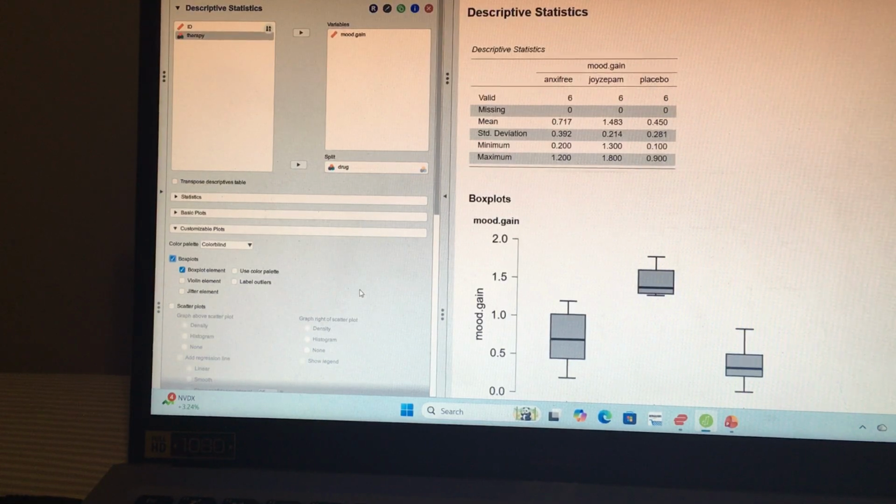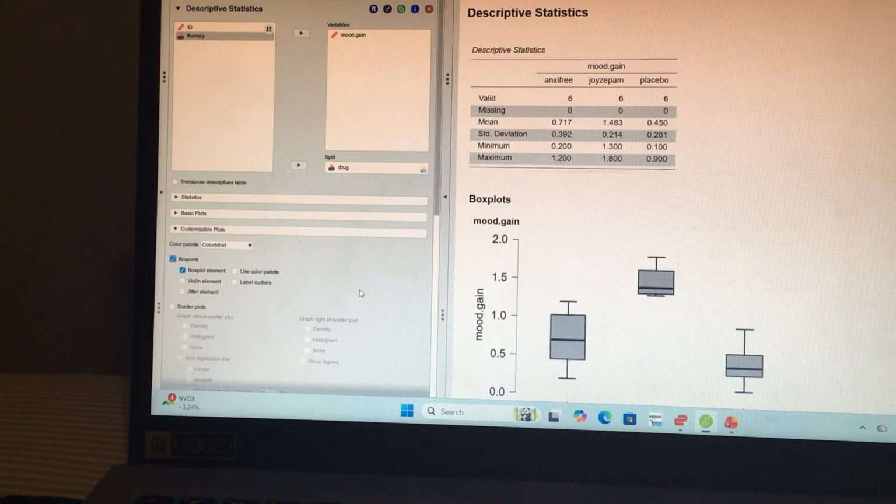So let's take a look. We're on page 2. So we have our 6, 6, and 6, right? 6 times 3 is 18. We don't have any missing data, and so we see mood gain on the top and the 3 different arms of the study.